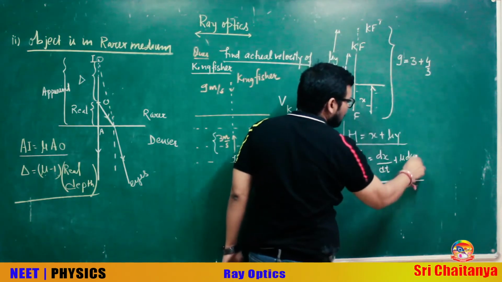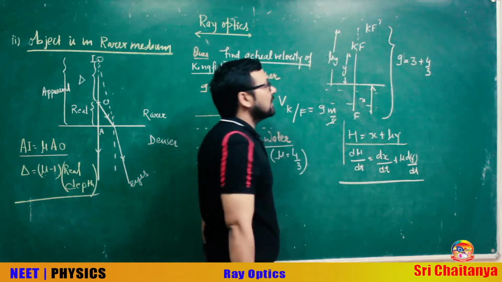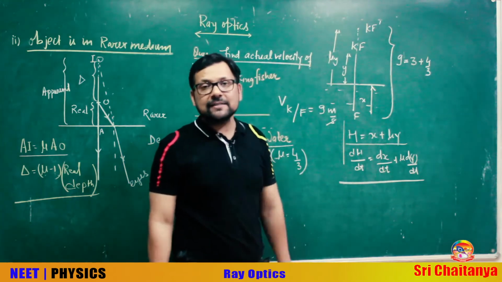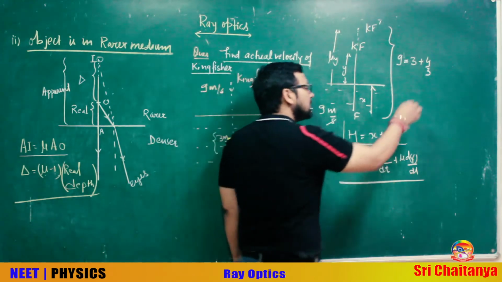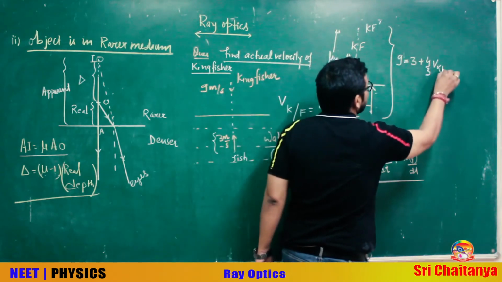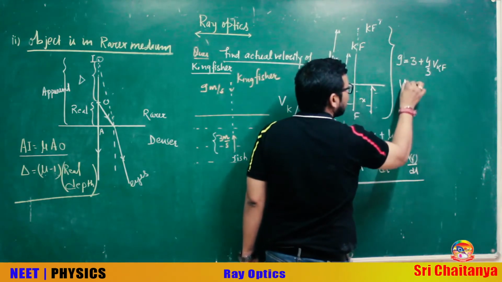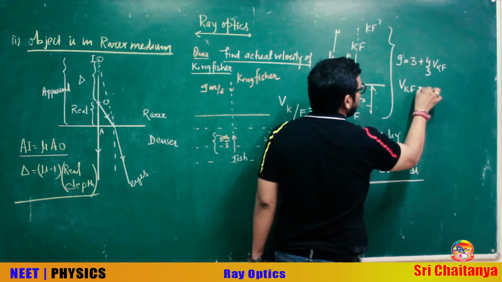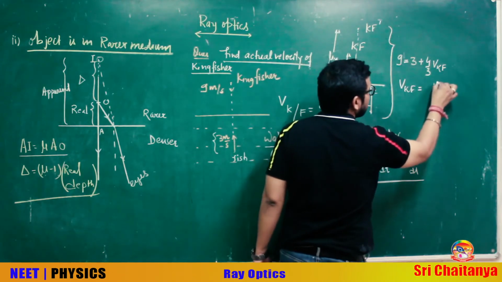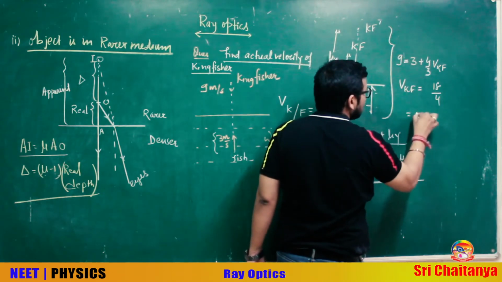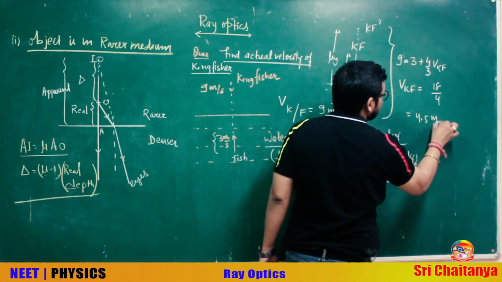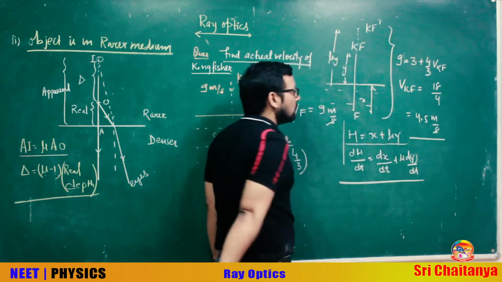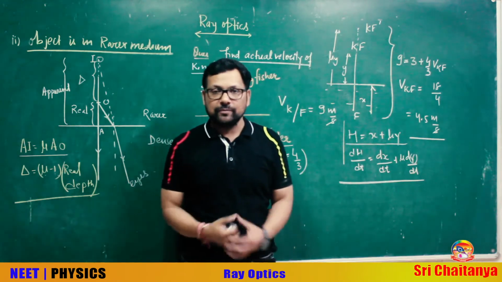And what was y? y was the actual height of the kingfisher. So dy by dt is the actual velocity of the kingfisher, and this is required in this question. So here we can calculate VKF, the actual velocity, as 9 minus 3, 6 into 3, 18 by 4. That is 4.5 meters per second. So this is how to solve velocity questions in ray optics.